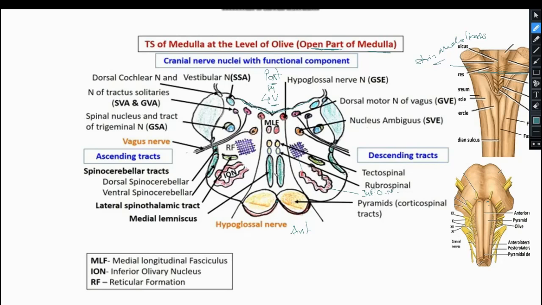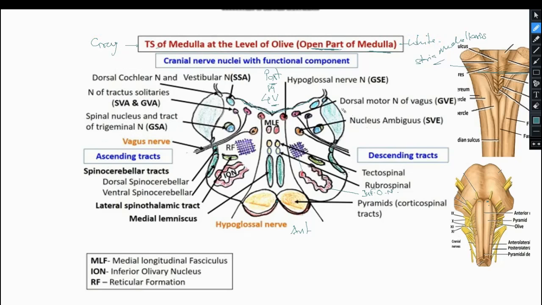So now similarly, as we have seen earlier at the different level, they are also studied as either the structures which are in the gray matter or the structures which are in white matter. So in the gray matter, all these nuclei and these nerve, trigeminal nerve, they are in this gray matter.